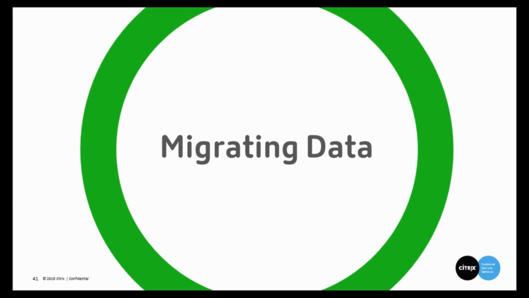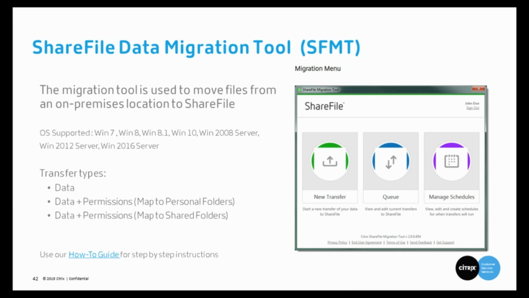The ShareFile data migration tool is a very useful tool that we have available, and it's basically going to allow you to move files from an on-premise location to your ShareFile account in the cloud. So you will be able to select what data you want to migrate from a local computer into the cloud, right?